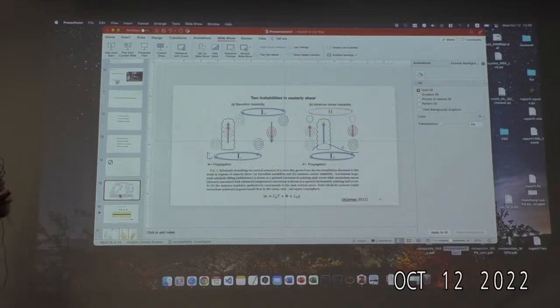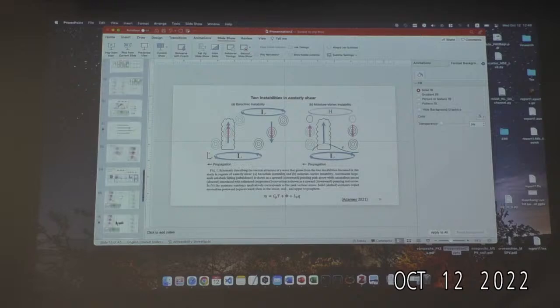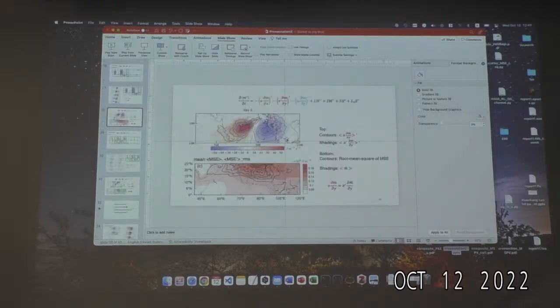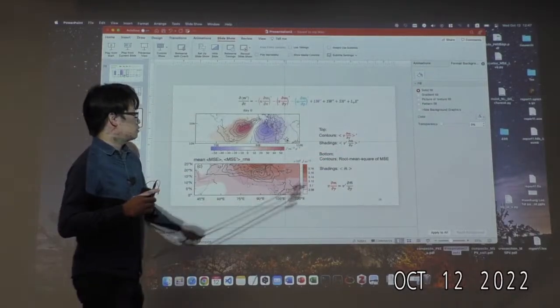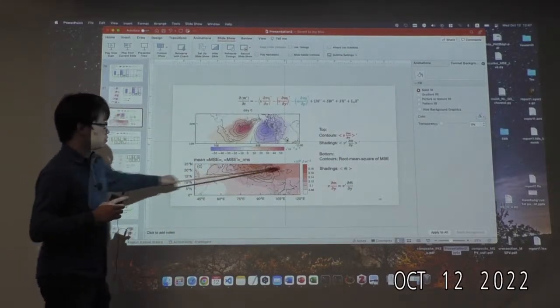It's V prime times the M bar over dy. Is there an M bar implied in that picture? Yeah, M bar is showing as the shadings here.